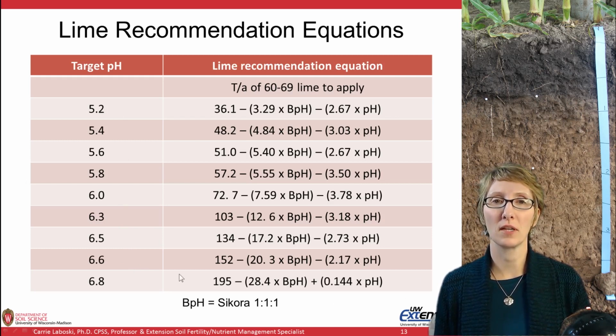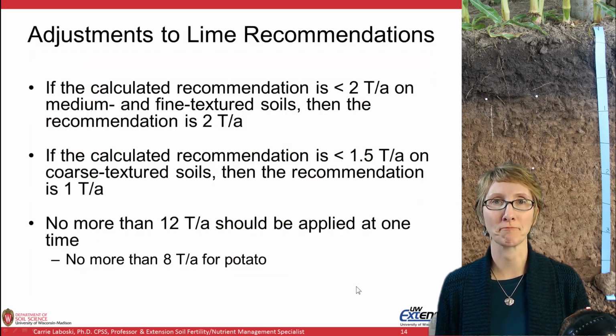And just to look at one of these equations at the target pH of 6.8 on this bottom line, it's very simple to use. You just input your buffer pH value here and your soil pH value right there, and then you just essentially plug and chug and you get a number out, and that's your lime recommendation.